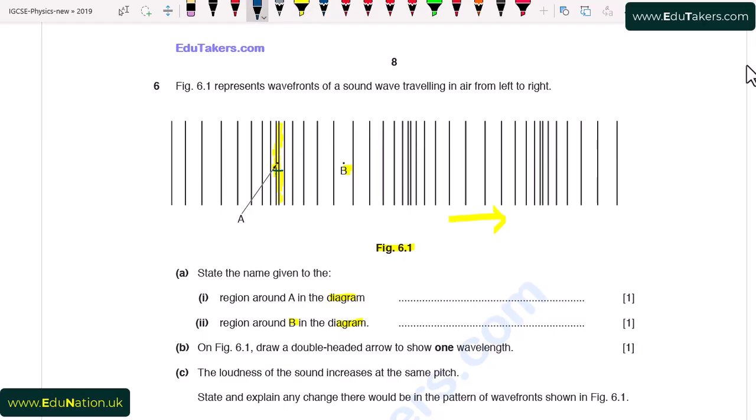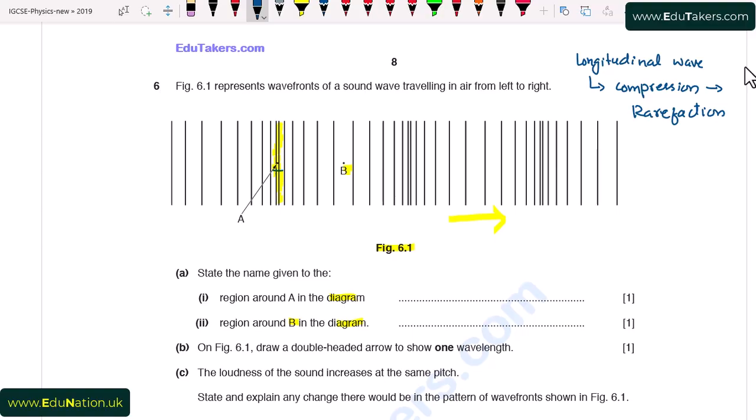I write here it's a longitudinal wave that consists of compression and second is rarefaction. Compression is the part of wave where the particles are very close to each other. But rarefaction is the portion of wave where the particles are further apart from each other.